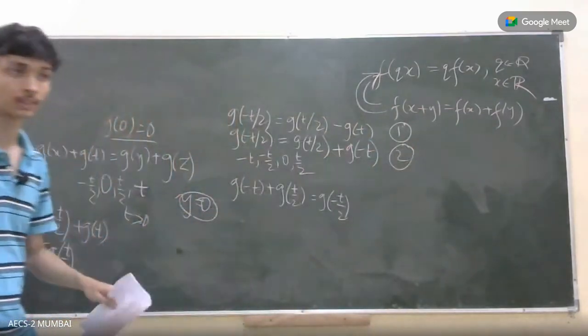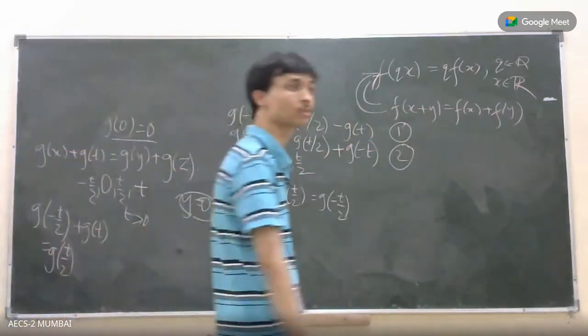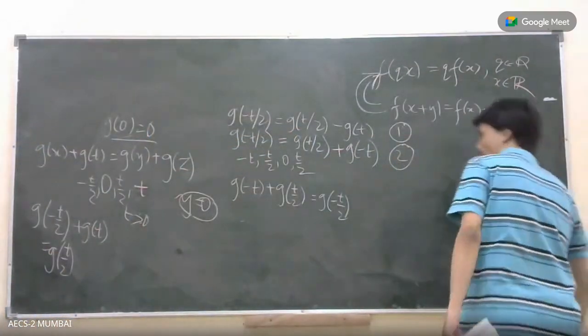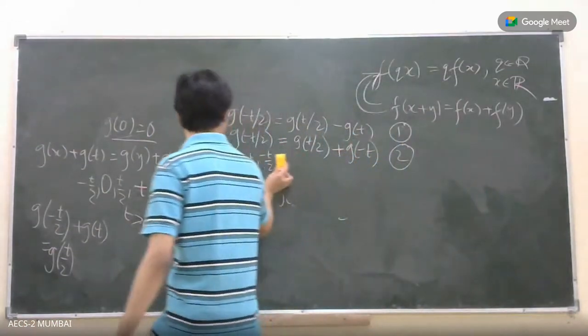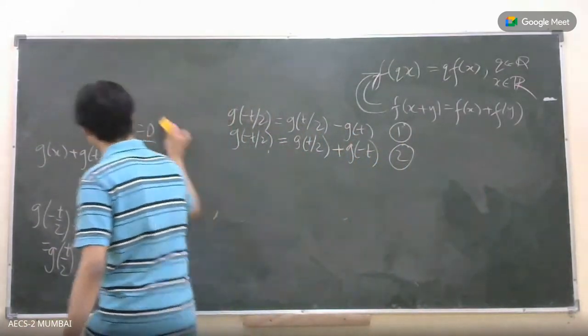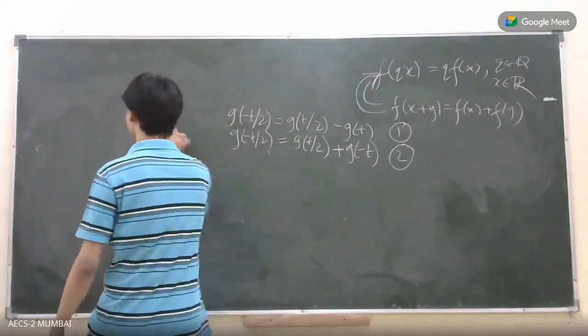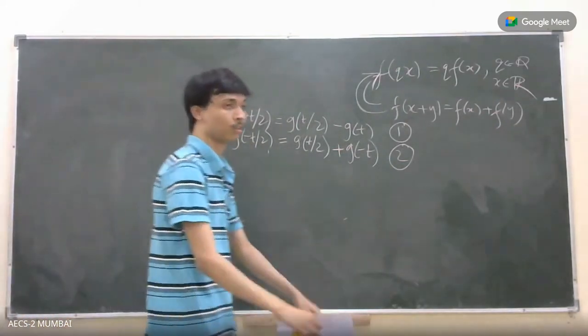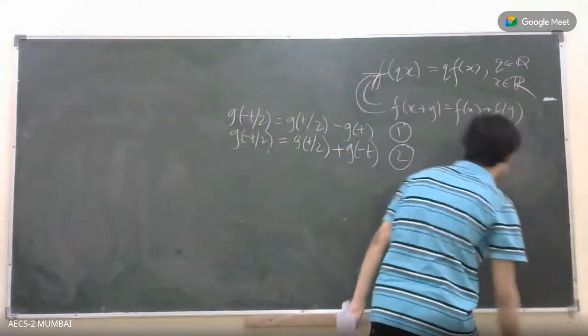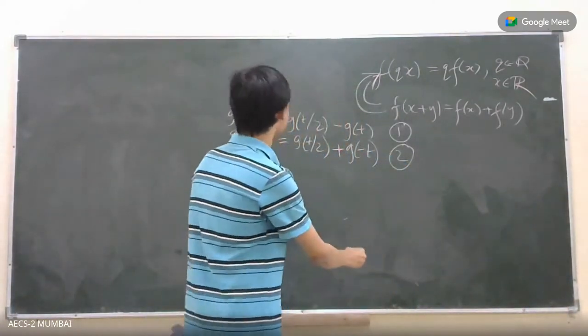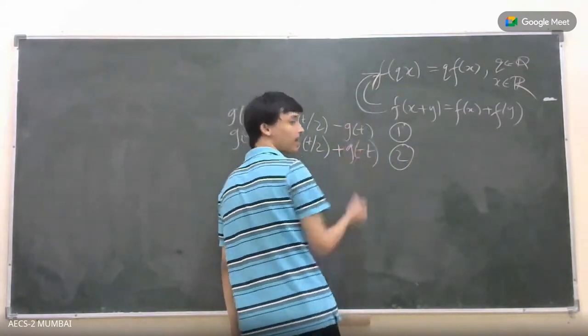Now do you see something? G of minus t is minus g of t.